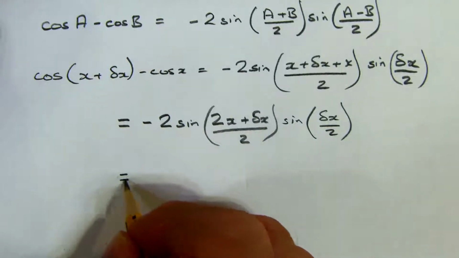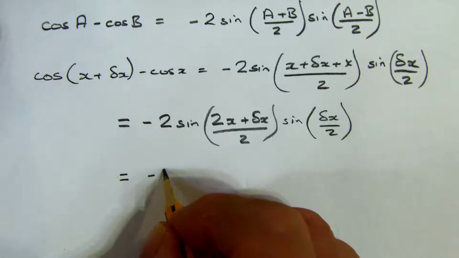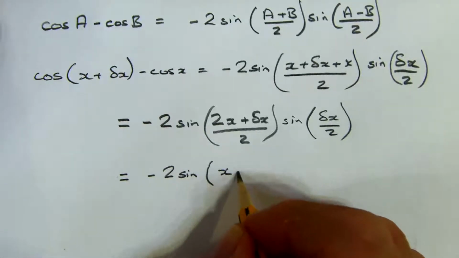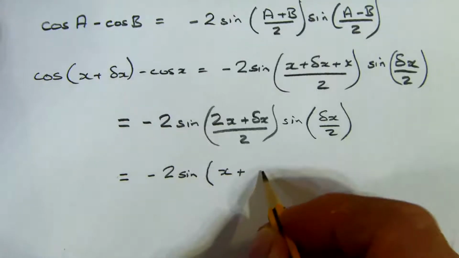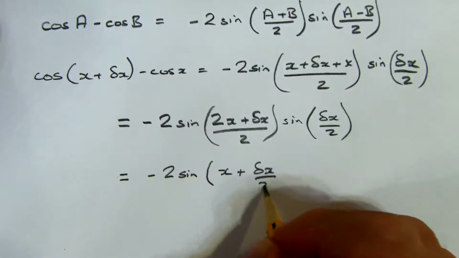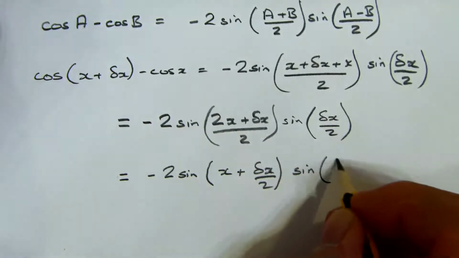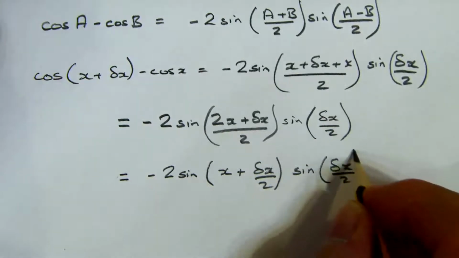So let's rewrite this as minus 2 the sine of x plus delta x over 2 times the sine of delta x over 2.